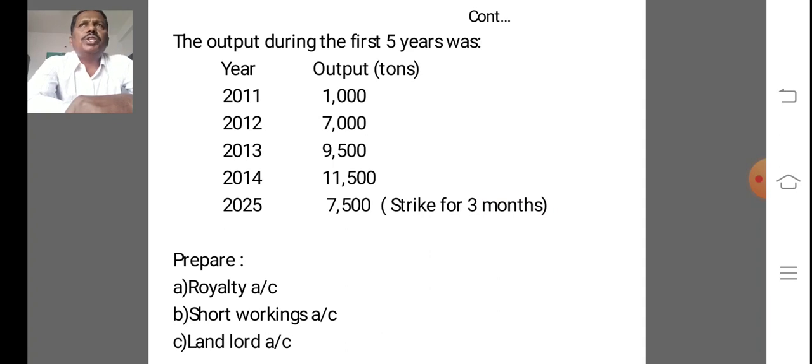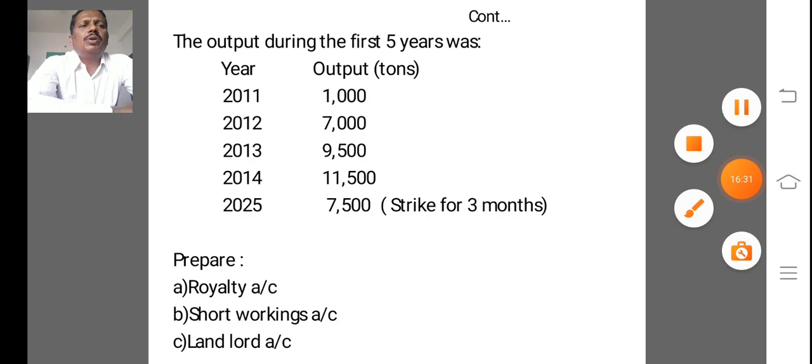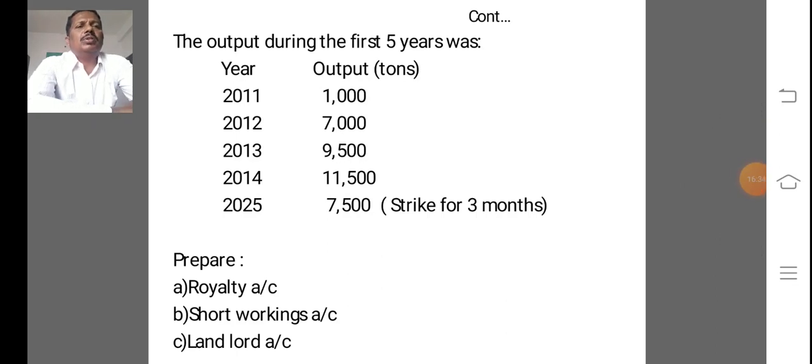The output during the first 5 years is given: years 2011, 12, 13, 14, 15, and tons 1000, 7000, 9500, 11500 and 7500 in the year 2015.